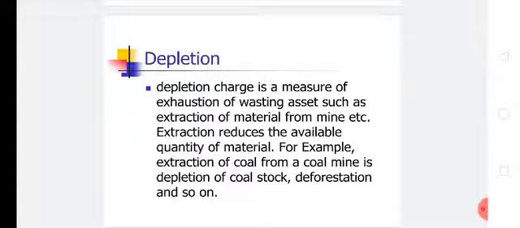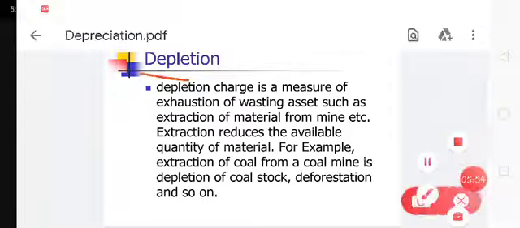One thing I want to share with you, if you are confusing it: depreciation means a charge on tangible assets, and amortization is on intangible assets. But for depletion, you just have to keep in mind that it is on natural resources.